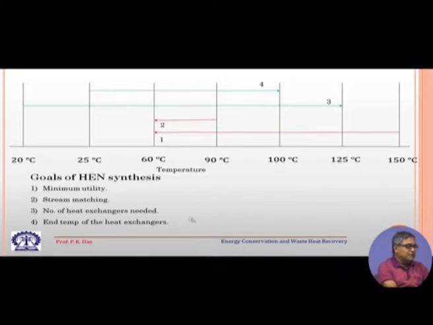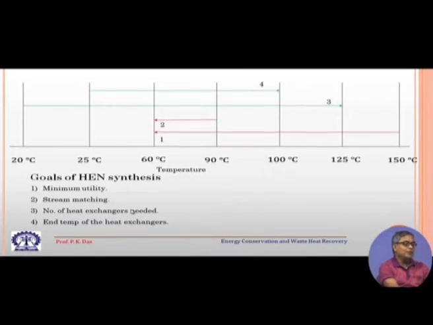So, the goal of HEN analysis or HEN synthesis, heat exchanger network synthesis, will be minimum utility. We will use both the hot utility and the cold utility in the minimum quantity. So, that will reduce our running cost of the plant.